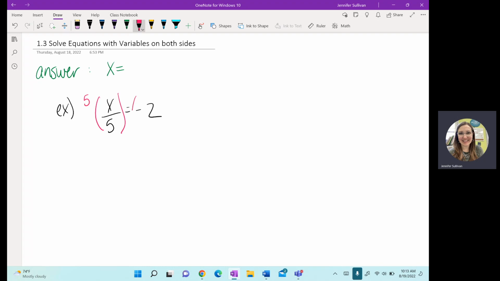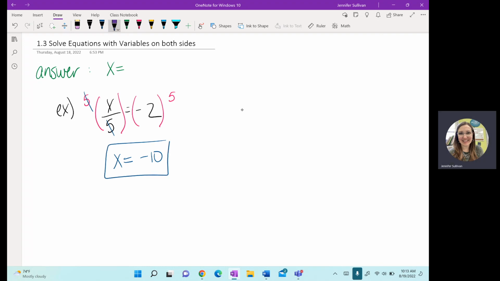And so when we are doing the multiply, I love it when we put parentheses around both sides of the equation, and then we write the number on the top, whatever we're multiplying by. And then we do that to show that our fives are going to cancel top and bottom here. And we're left with x equals, and then we're going to do -2 times 5, which is -10.